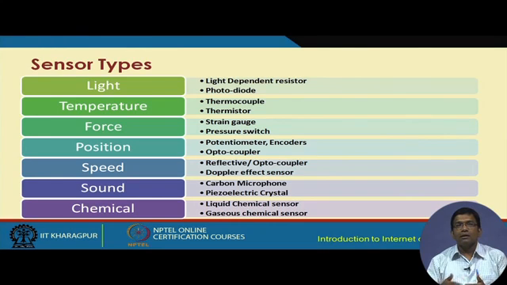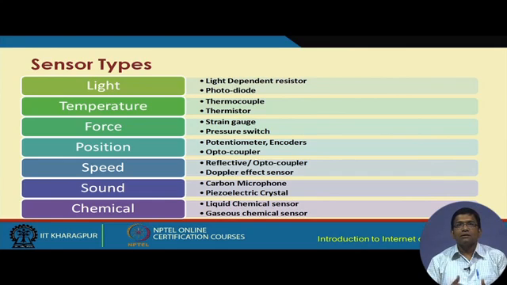With optocouplers, the optical rays are basically obstructed, and based on that, the position information can be obtained. Then we have speed. For speed sensing, we have reflective sensors, then Doppler effect sensors, which work based on relative velocity, for example, the relative velocity of sound.